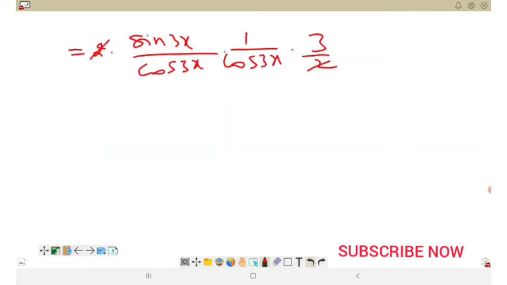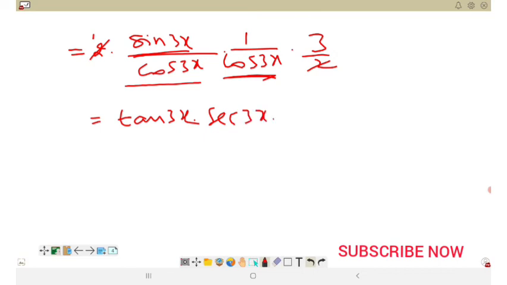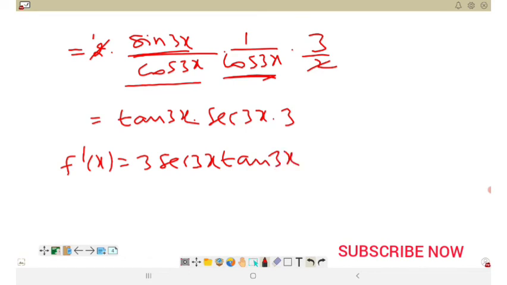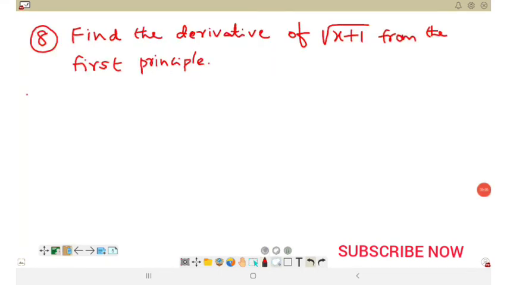So the 2s cancel, sin 3x by cos 3x is tan 3x, 1 by cos 3x is secant 3x, into 3. So f dash of x is equal to 3 into secant 3x into tan 3x. So differentiation of secant 3x is 3 into secant 3x into tan 3x.